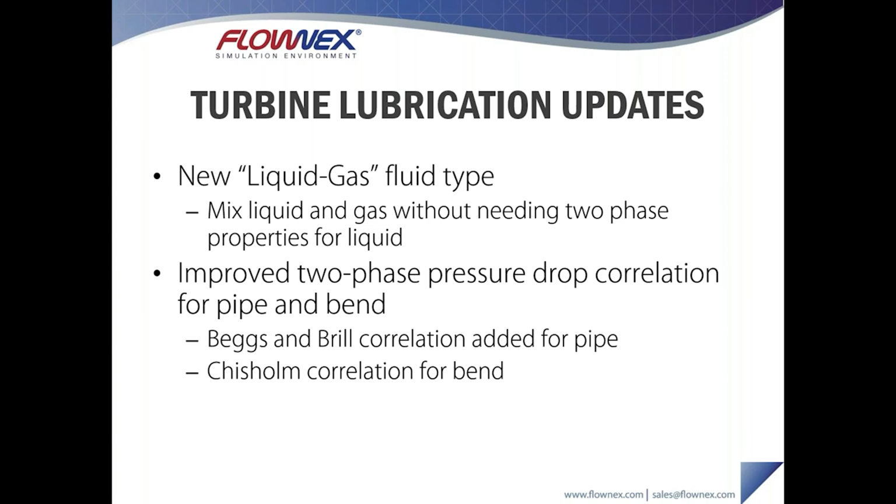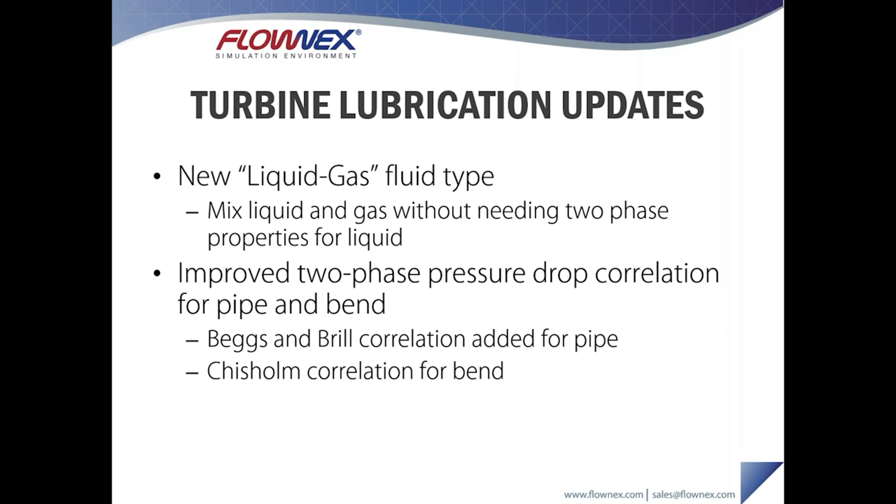In the past, we've tried to model similar applications where we have a two-phase fluid mixed with a gas. We've had this model, we call it the two-phase incondensable model. We've had this in Flownex for a while now, and we use it for humid air applications. We looked at using it for this particular application, but specifying oil as a two-phase fluid required very detailed two-phase fluid properties for the oil, which really isn't practical.